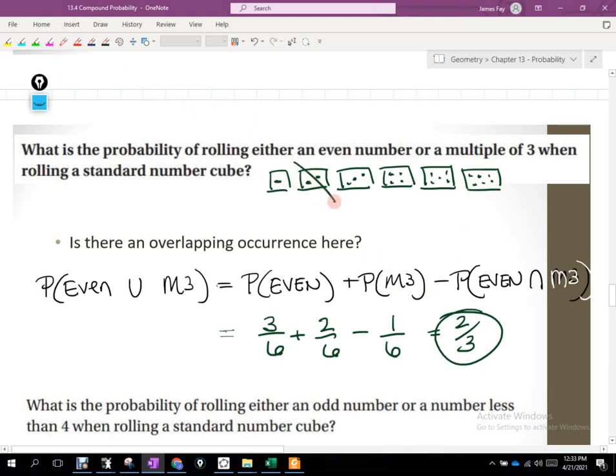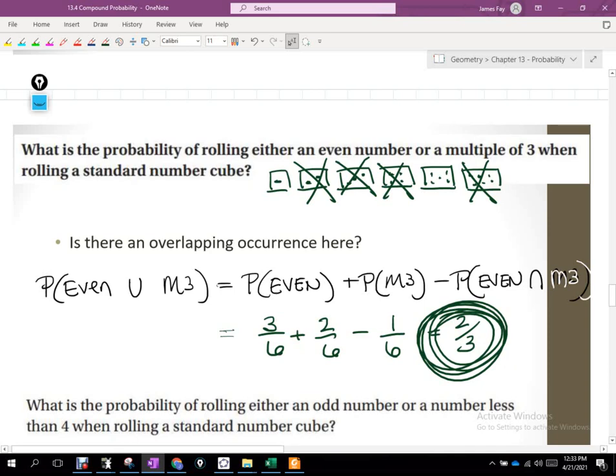That's even, so I cross it off. That's favorable. There's a multiple of 3. Is that even or a multiple of 3? Nope. Even or multiple of 3? Yep. How many did I cross off? 4 out of 6, reduced to 2/3.